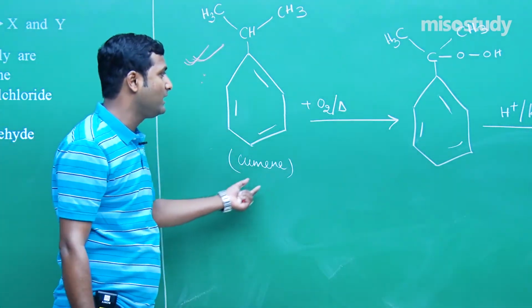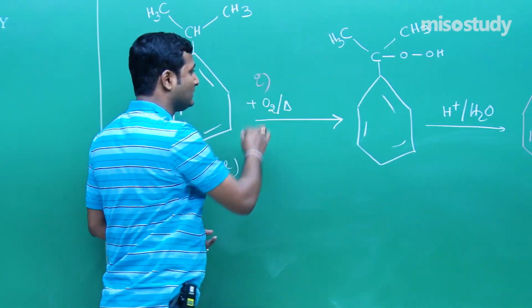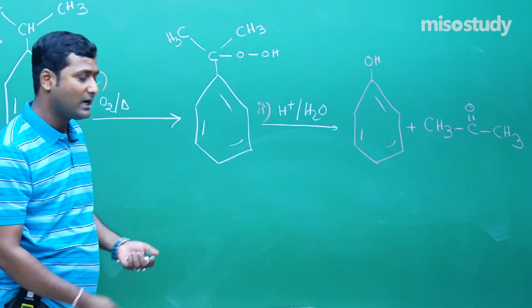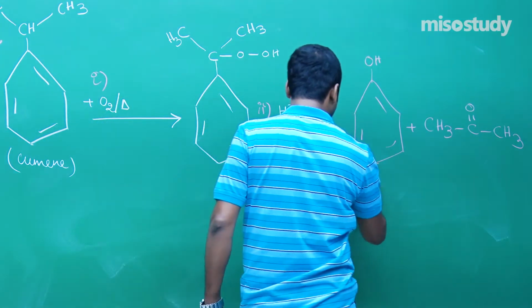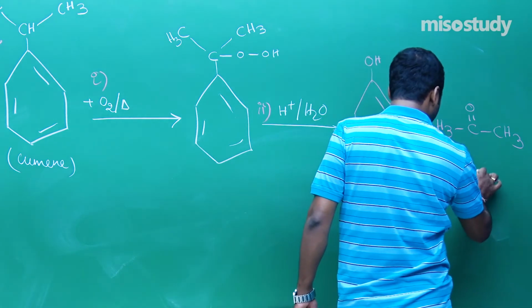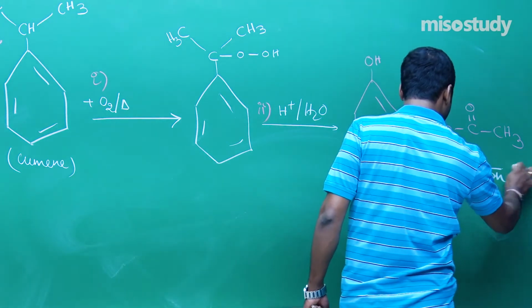This one is cumene, first part this one, then after hydrolysis it gives the final product, that is phenol and ketones. Clear?